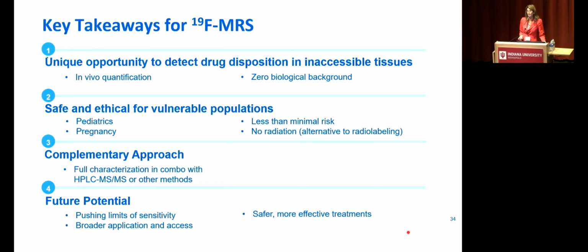Ideally, it's a complementary approach to the other ways we detect PK, right? So looking at drug concentrations in plasma and urine, and so on. And the future potential, I think, is vast. Our group is working on pushing the limits of sensitivity to detect more drugs and detect them at lower concentrations to broaden access and application. And the goal really is to see more effective treatments for kids.